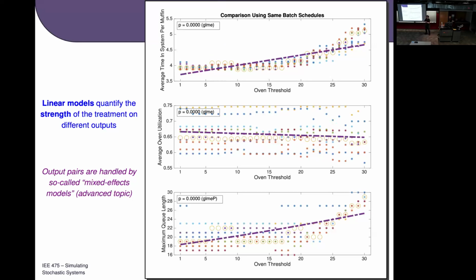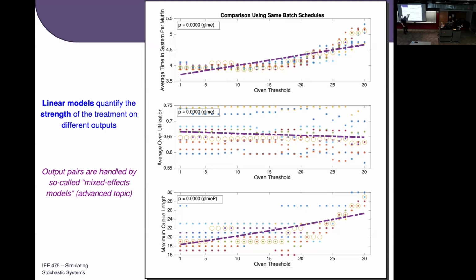So that's the other cool thing about using regression models, linear models, is we can start studying not just the main effects, but the interaction effects of not just how does service time affect my performance, and how does oven threshold affect my performance, but how does the interaction of the two of them affect my performance?